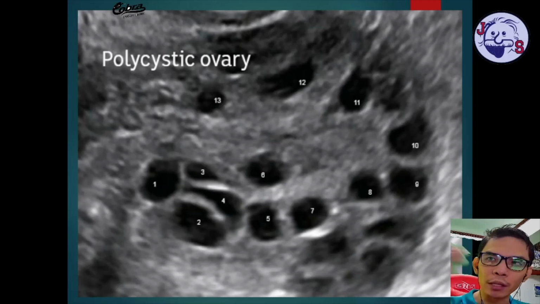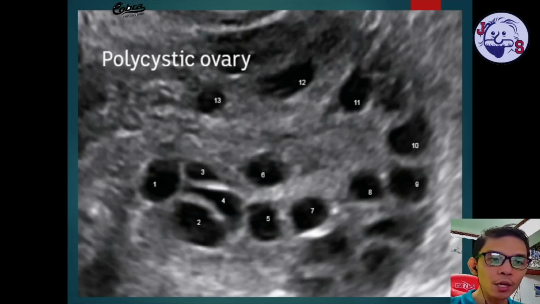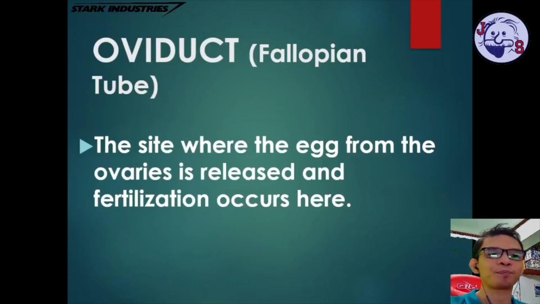If you think you show symptoms of polycystic ovaries, like gaining weight without any reason, and number two, acne or oily skin, then persistent acne or oily skin can be symptoms of polycystic ovary. If you have those symptoms, go directly to your OB/GYN or doctor to check if there's something wrong with your ovary. Early detection is needed here.